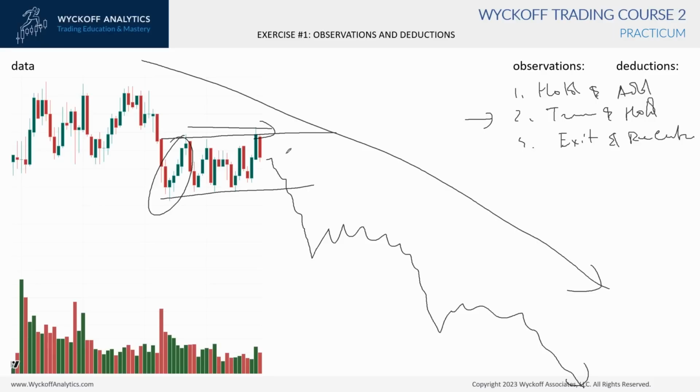And if you think that your exit, let's say at the secondary test, is going to be better than any type of re-entry that you might have if the price continues to the downside, then that's a possibility as well. So we need to define what kind of bias we have here.